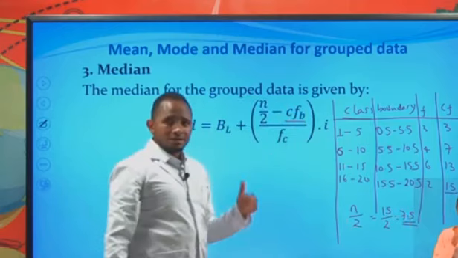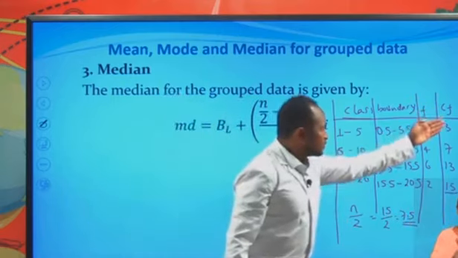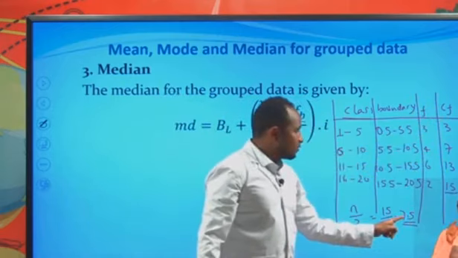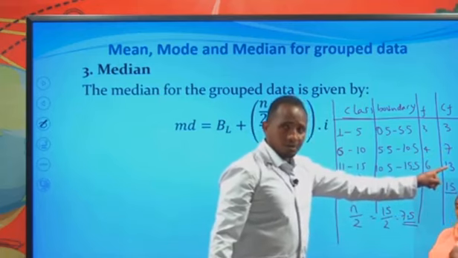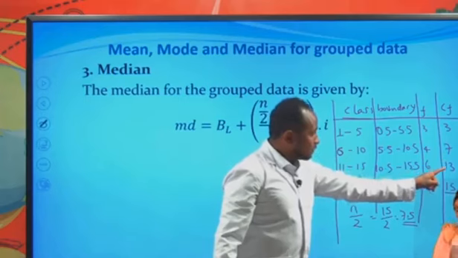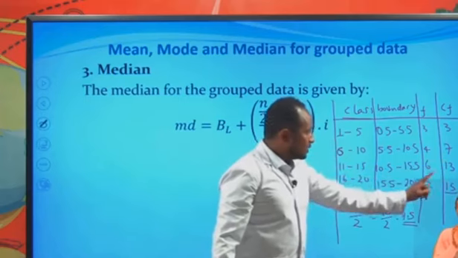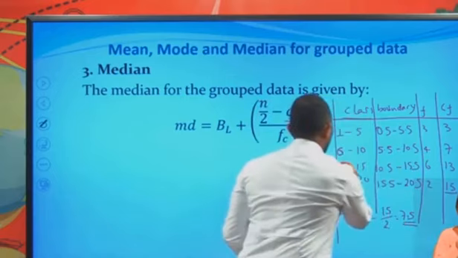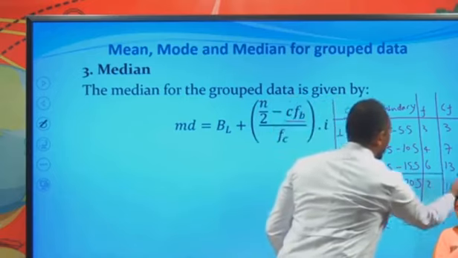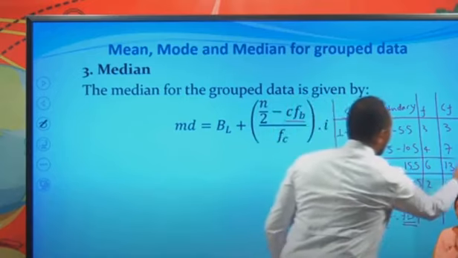So the least cumulative frequency from this set which is greater than 7.5 is the one for this class. Therefore, this will be the median class.